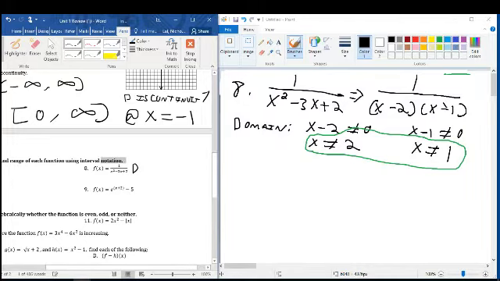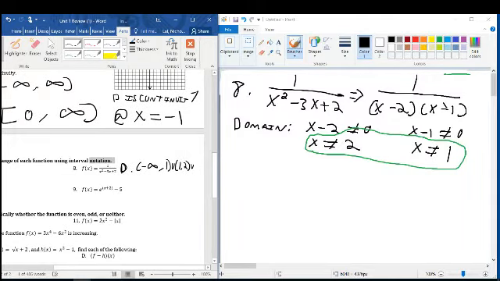So for 8, the domain is from negative infinity to 1, not inclusive, union from 1, not inclusive, to 2, union, then from 2 to infinity.